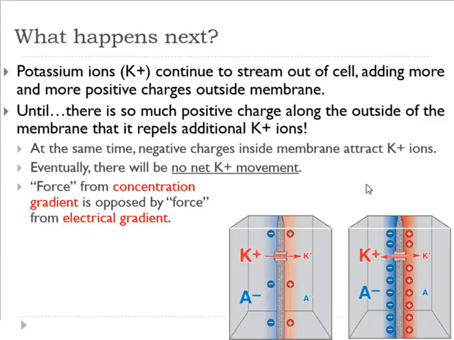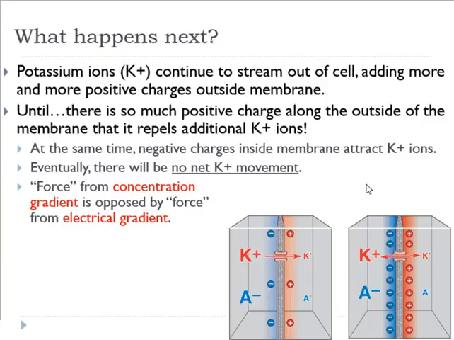Opposite charges, positives and negatives, are attracted to each other, and that's what's happening across the membrane here. But the positive charges on this side of the membrane are now going to be repelling any new positive charges that try to get across. So you have a concentration gradient effectively driving potassium ions to go this way, to the right.